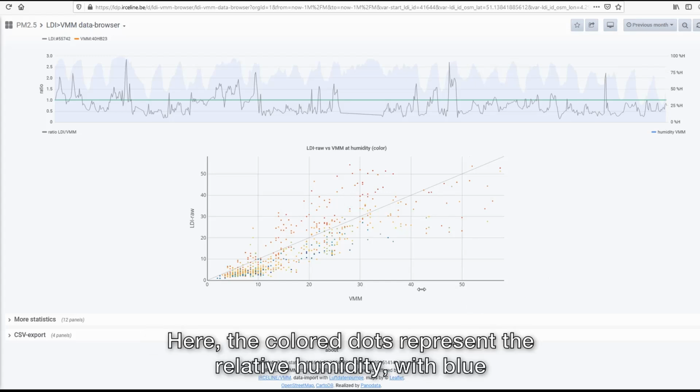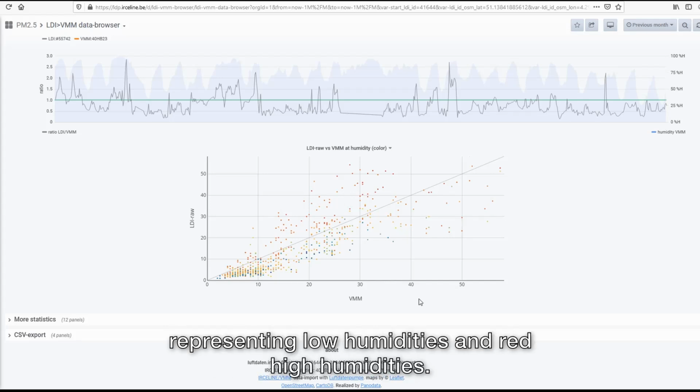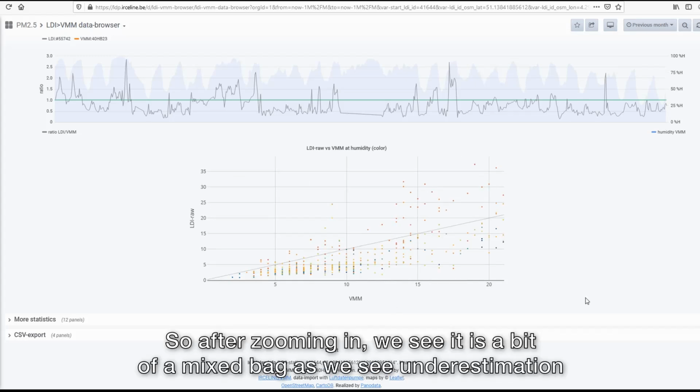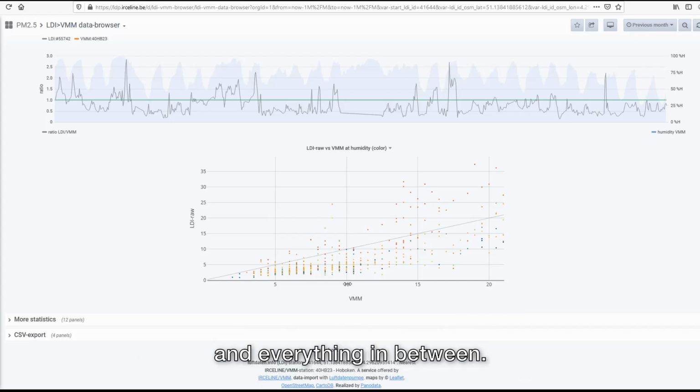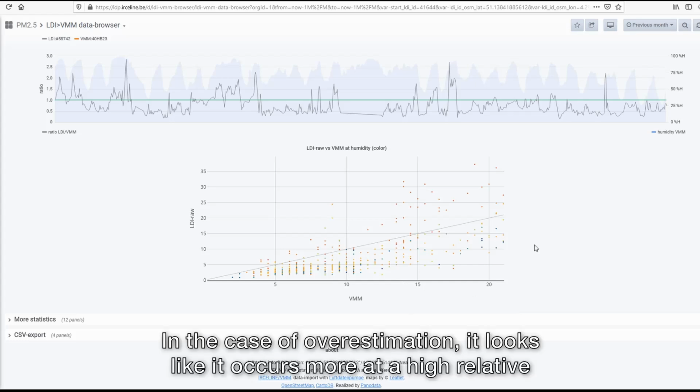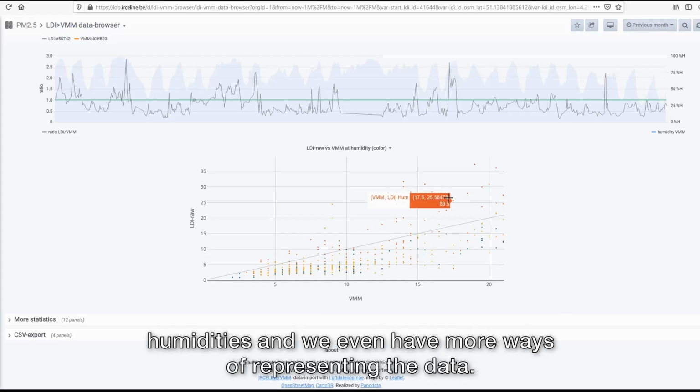Here the colored dots represent the relative humidity, with blue representing low humidities and red high humidities. So after zooming in, we see it is a bit of a mixed bag, as we see underestimation when the relative humidity is both low, blue dots, and high, red dots, and everything in between. In the case of overestimation, it looks like it occurs more at high relative humidities.